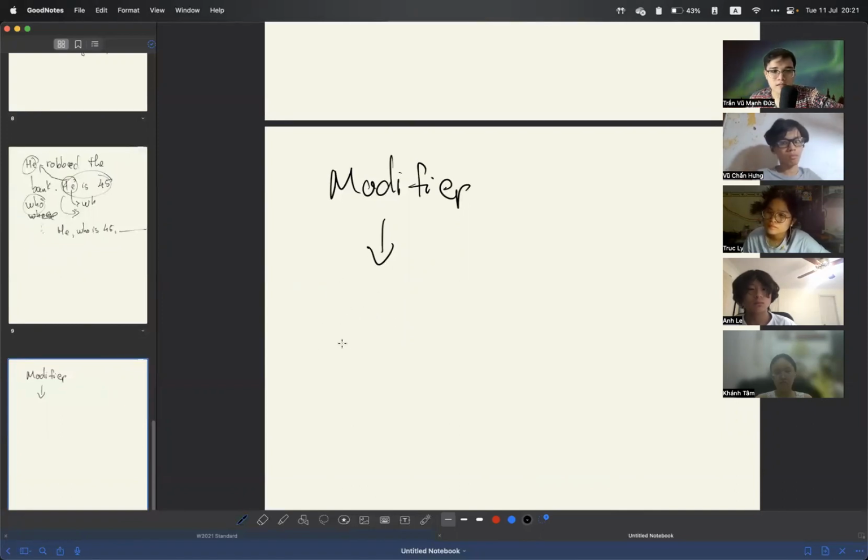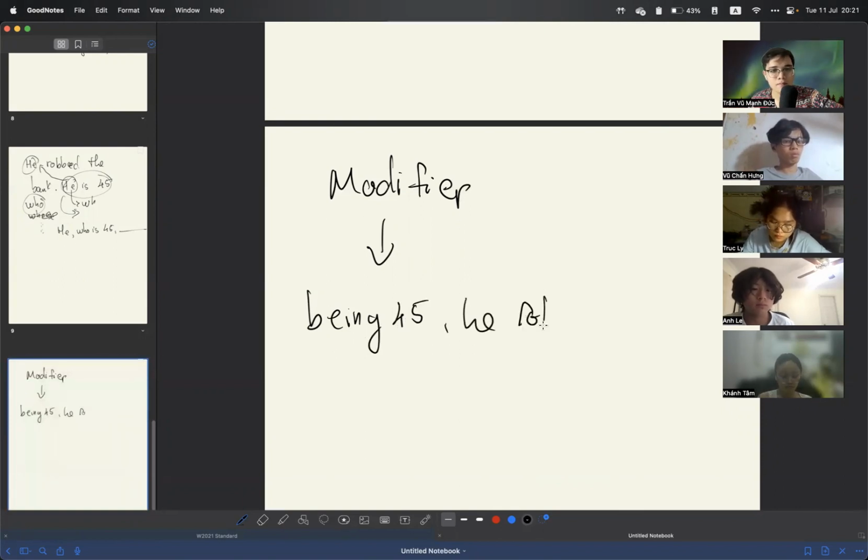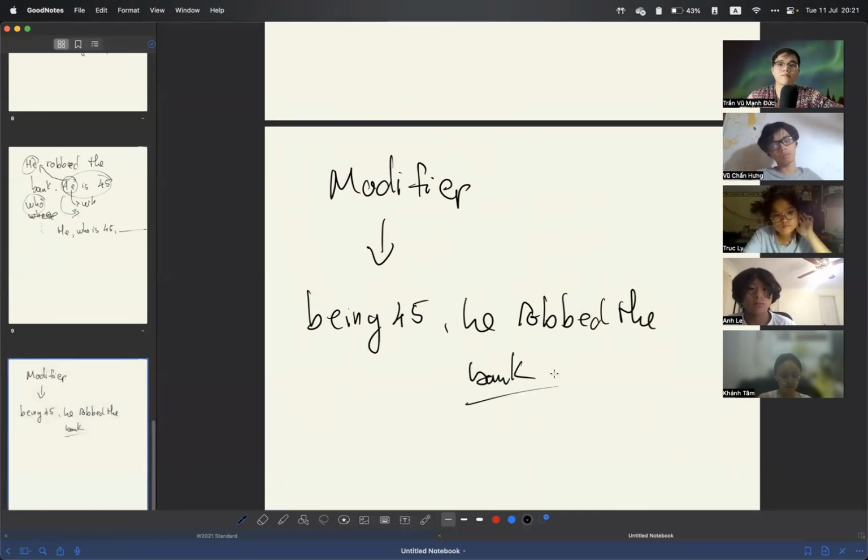Modifier is basically this: Being 45, he robbed the bank. This is a modifier.